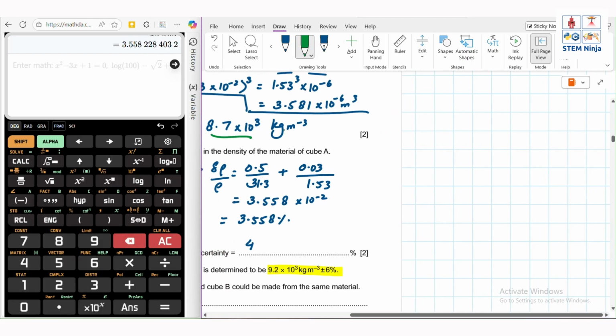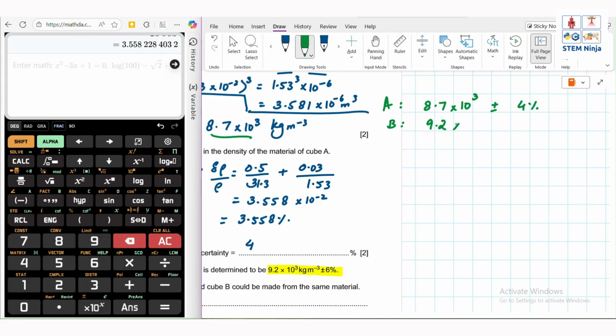For A, we have 8.7 × 10^3 plus or minus 4%. And for B, we have 9.2 × 10^3 plus or minus 6%. All we have to see is where the ranges are.